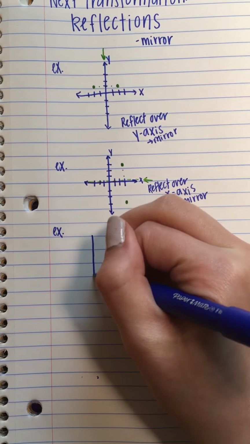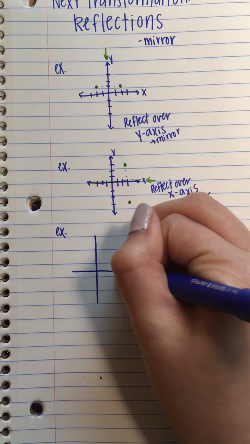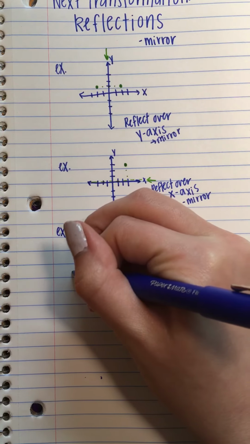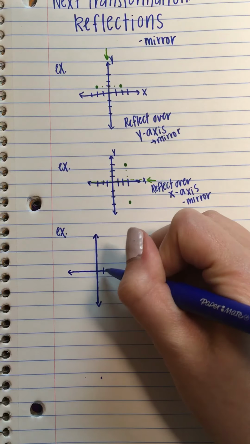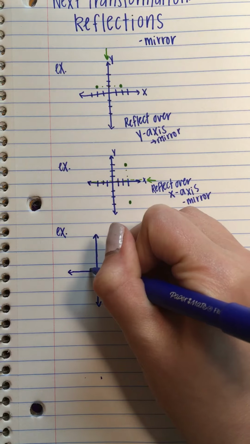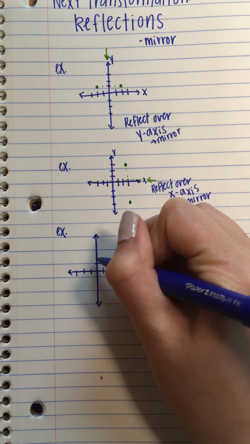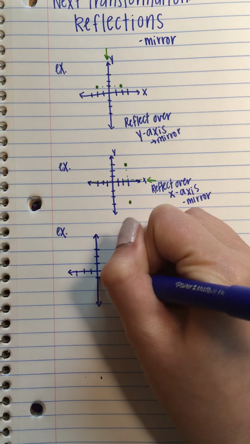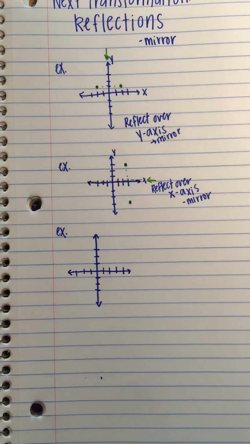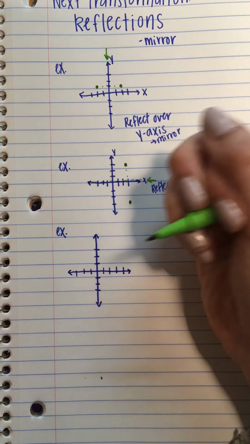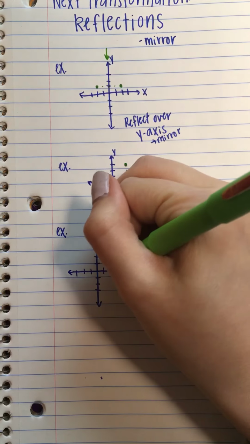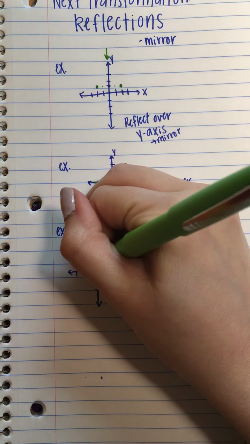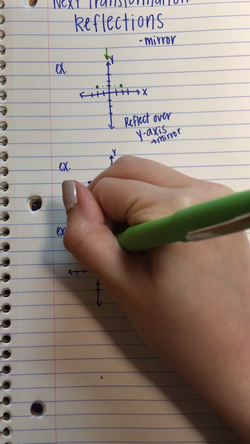So how about this time we have an actual shape? A rectangle sounds good.